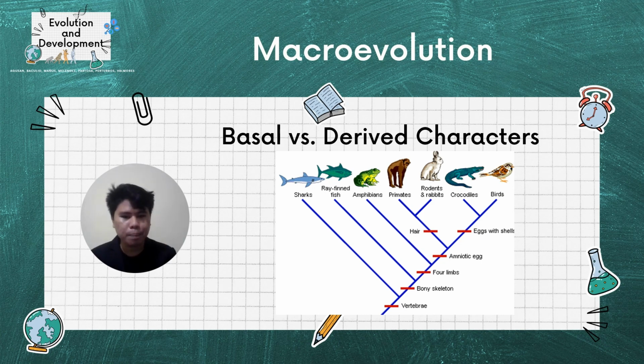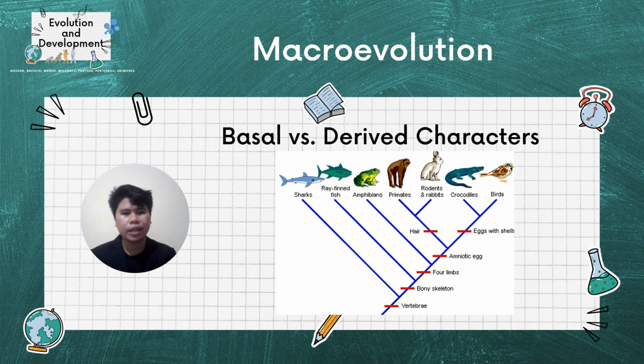For example, fish and other aquatic organisms have gills. That is a basal characteristic because it is shared among many different groups of aquatic animals and it is believed to have evolved early in their history.